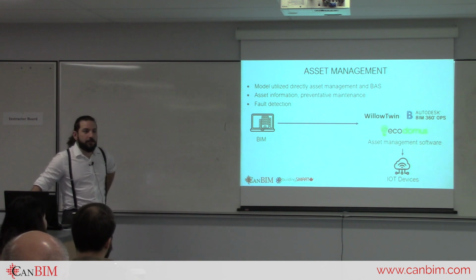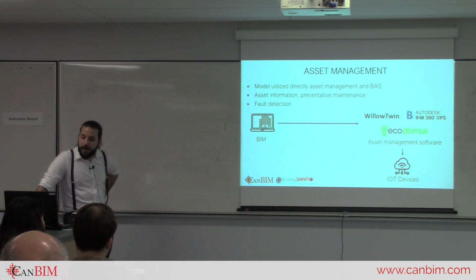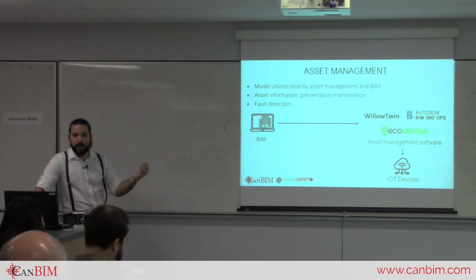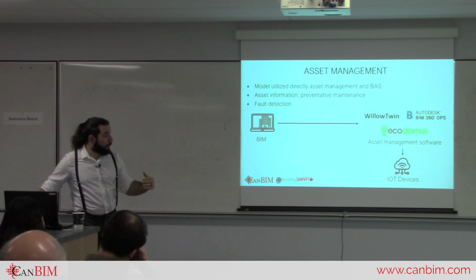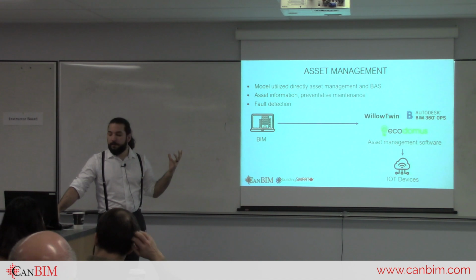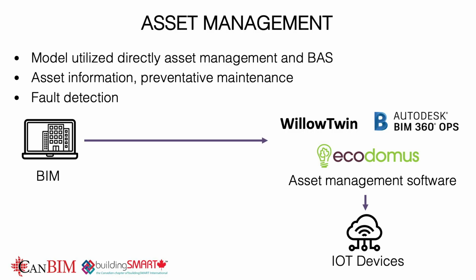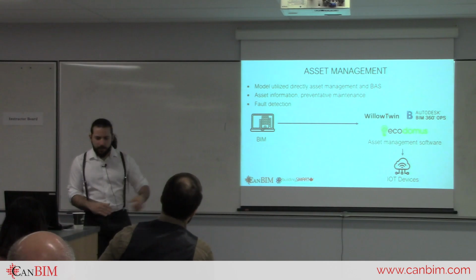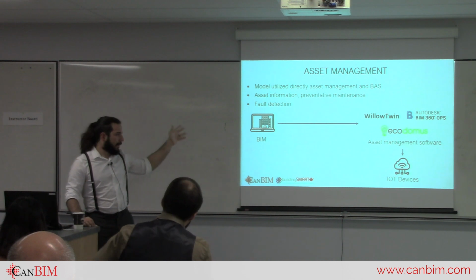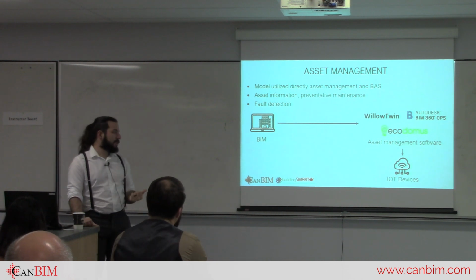But another alternative is, so instead of pushing this to a spreadsheet and then having your asset management software import that, you could actually use a BIM-based asset management software directly. So the way this works is the data you need to absorb in the asset management system is already in your model. So instead of doing an export, you push the model to the system, which there are a couple of examples I've given here, like Willow, BIM 360 Ops, and Ecodomus.